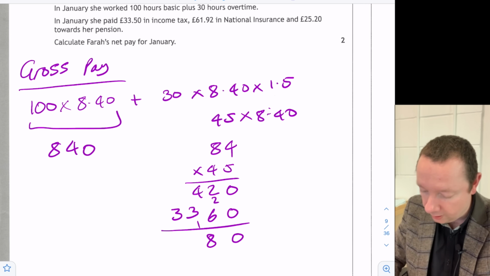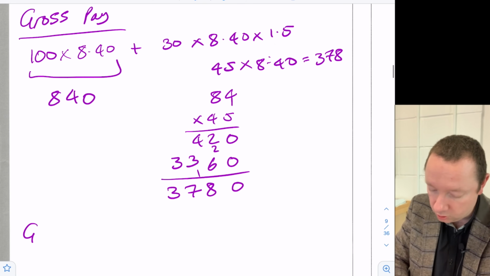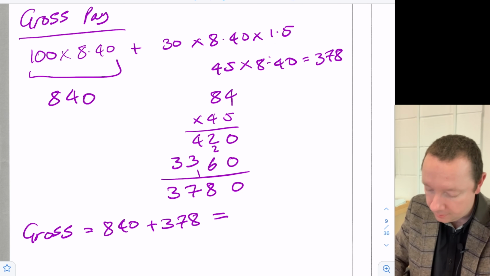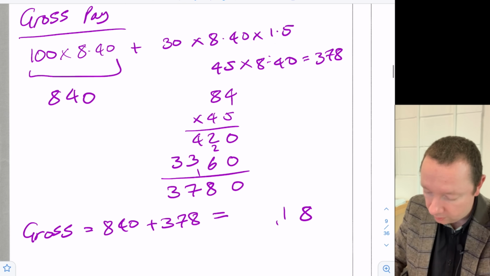That gives us 0873. So the answer to this bit of the sum is equal to 378. So our total gross pay is 840 plus 378, which is 1218.